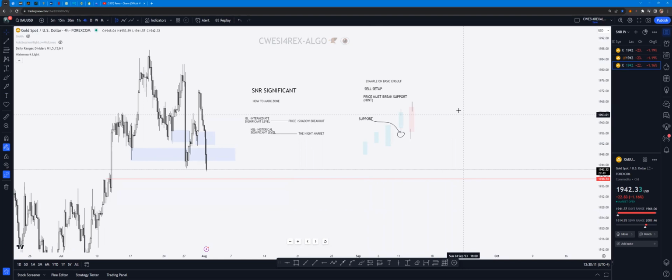This is our support. This is our eaten candle, you understand? Because it has been engulfed by this, it becomes the eaten candle.